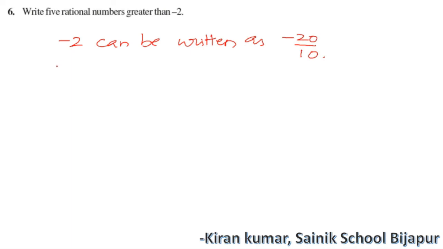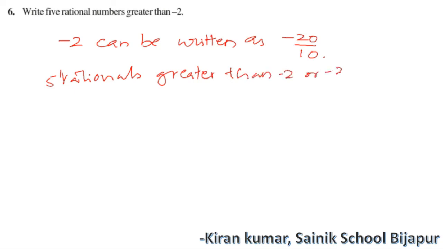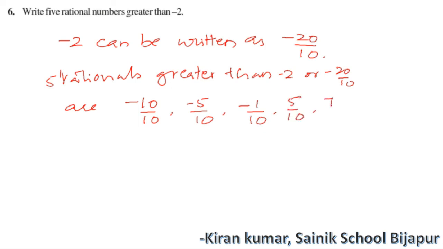So now it's easy to identify 5 rationals greater than -20 by 10. 5 rationals greater than -2 or -20 by 10 are, I can consider -10 by 10, -5 by 10, -1 by 10, +5 by 10, +7 by 10. So these are a few.